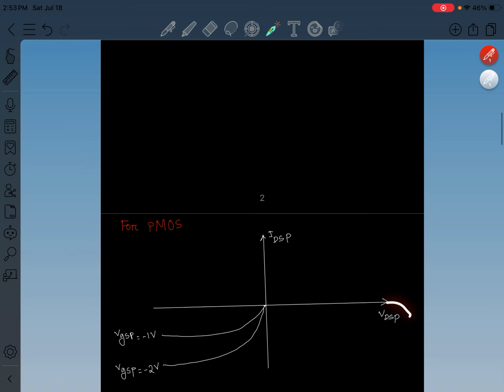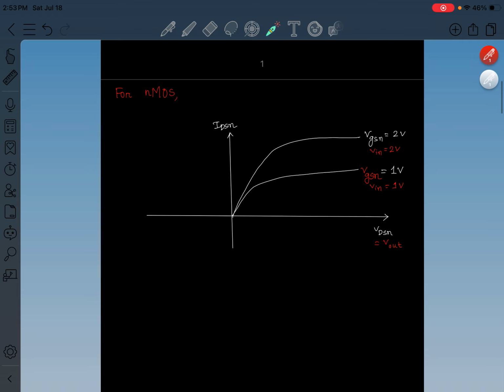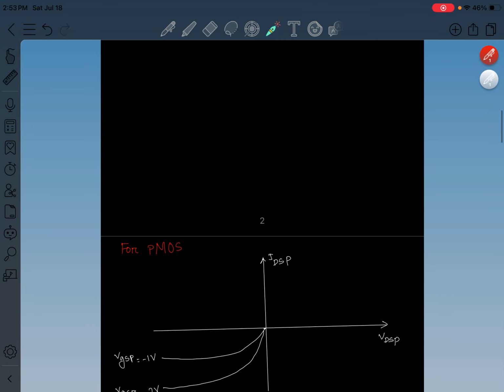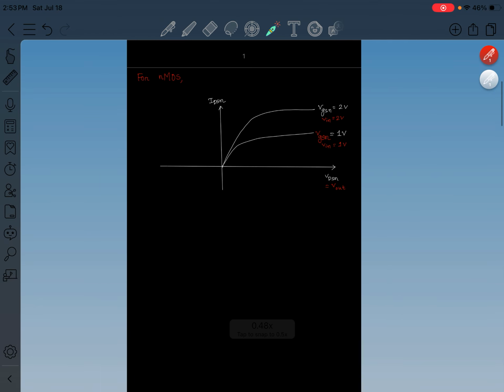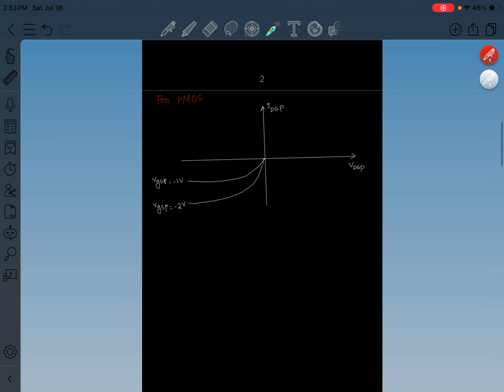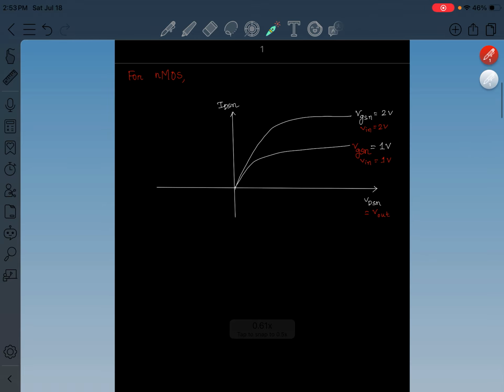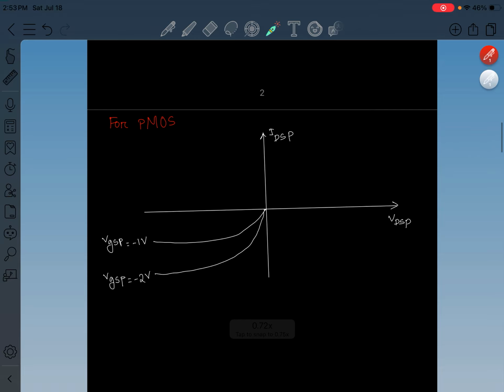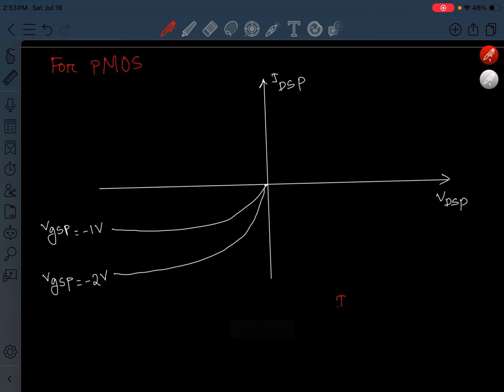Now we will also change the x-axis. We have VDSP for PMOS, but we have V out for NMOS. So we will try to change this axis to V out so that we can draw these two curves in a single plot, right? So what is the relationship between IDSP and IDSN? We derived it already.